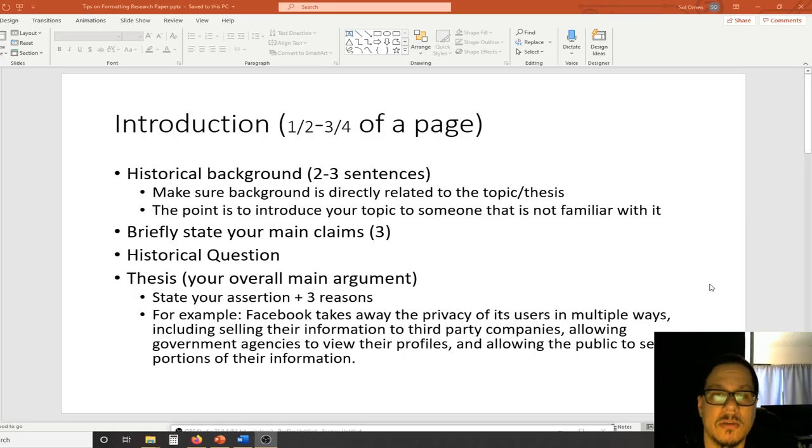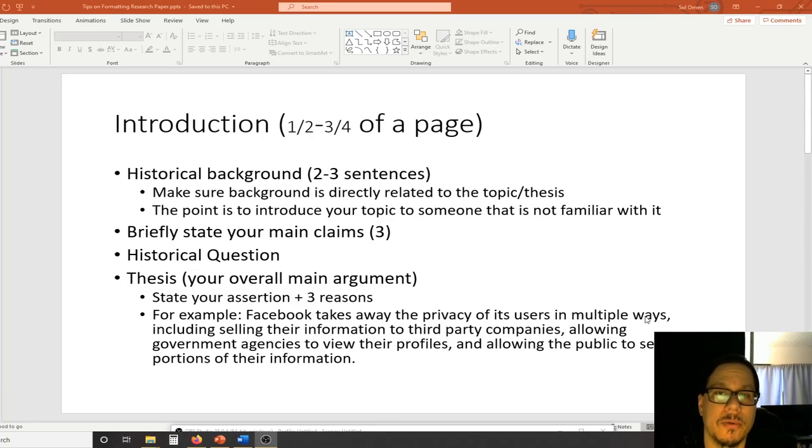And the thesis follows the format of making an assertion and then giving 3 supporting reasons that prove that assertion. Okay, I give a separate example here, as if I was writing a paper on Facebook. So I have my assertion: Facebook takes away the privacy of its users in multiple ways. That's my assertion.